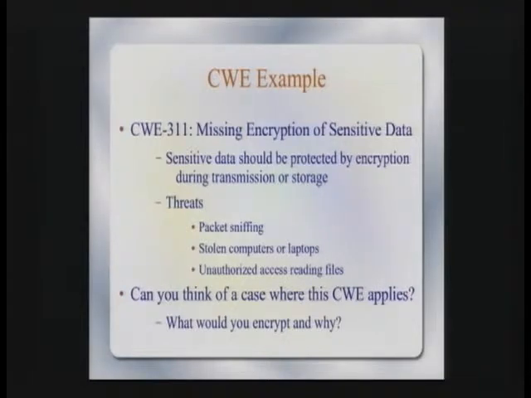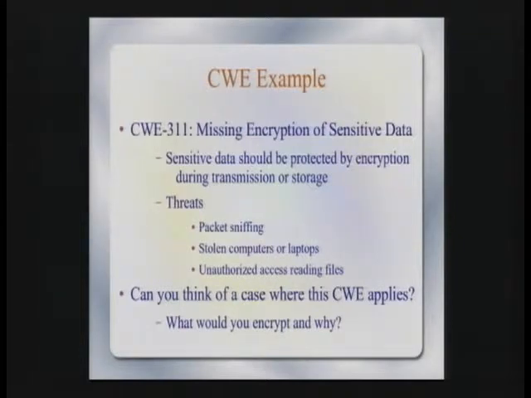So here's an example of an entry in the CWE. Missing encryption of sensitive data, number 311. So the idea is that you should protect sensitive data when it's in storage or when it's in transit. So the idea is to protect against threats such as packet sniffing, getting your computer stolen, or someone having unauthorized access to read those files.